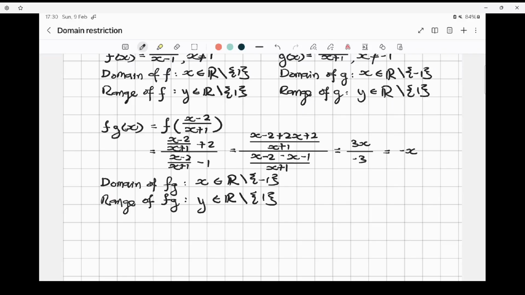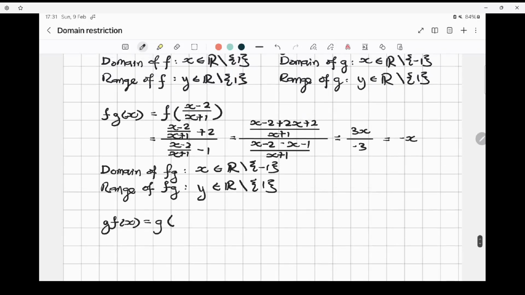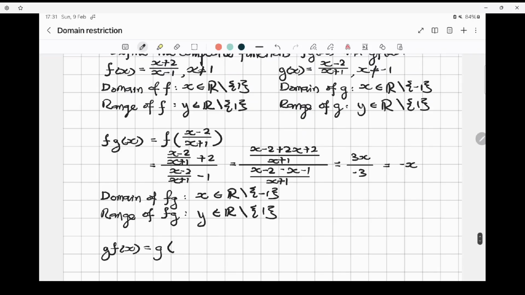Now the opposite will be even worse, g of f. Let's work out the composite function first. So g of f, so f is (x plus 2) over (x minus 1).